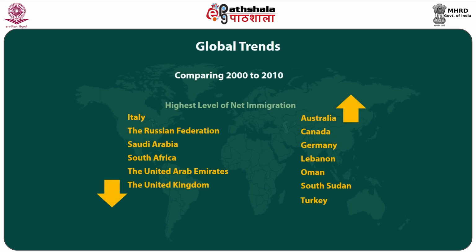Compared to 2000 to 2010, Italy, the Russian Federation, Saudi Arabia, South Africa, the UAE and the UK moved down on the list of countries with the highest levels of net immigration. Australia, Canada, Germany, Lebanon, Oman, South Sudan and Turkey moved up on the list.